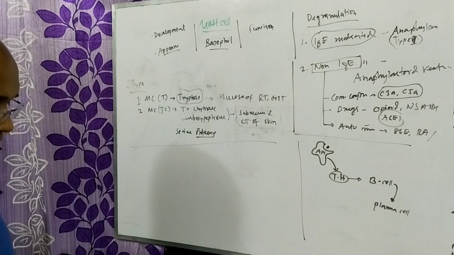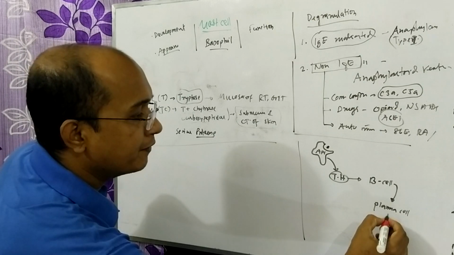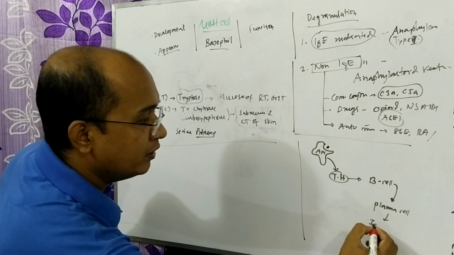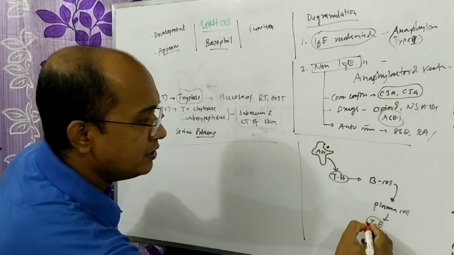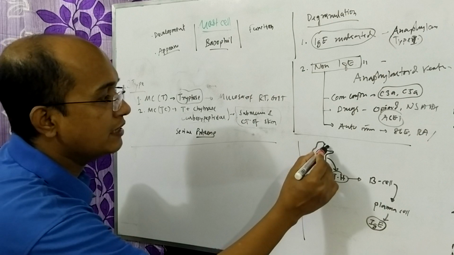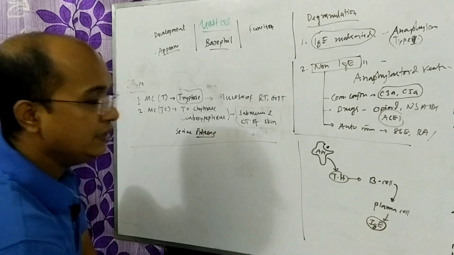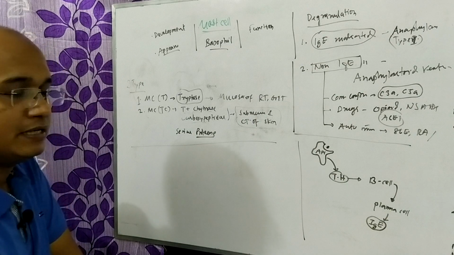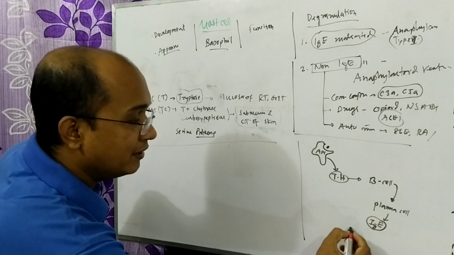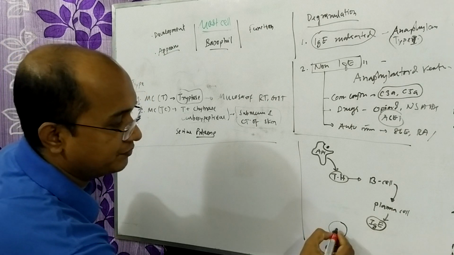Okay, and the plasma cell then produces the specific immunoglobulin E. This immunoglobulin E will be very specific to that antigen only. Now the receptor for IgE is present only and only in the mast cell and basophil.